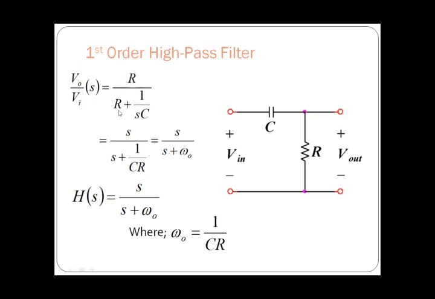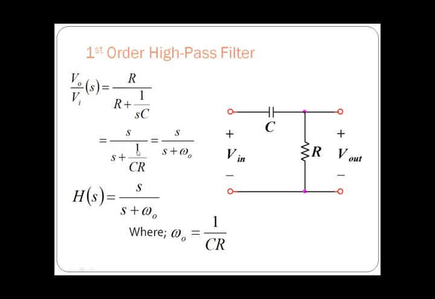Then by solving this equation, we are going to multiply with S on the numerator as well as the denominator. Then we have this equation: S by S plus 1 by CR.